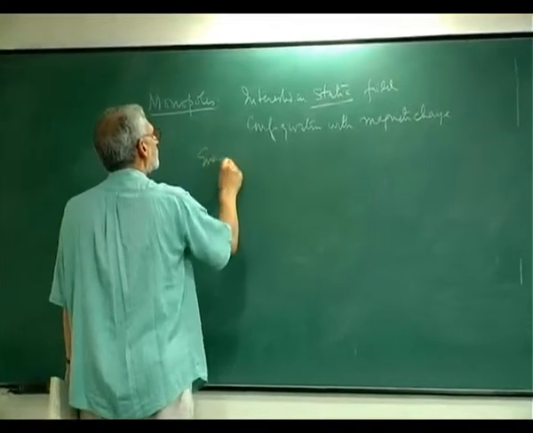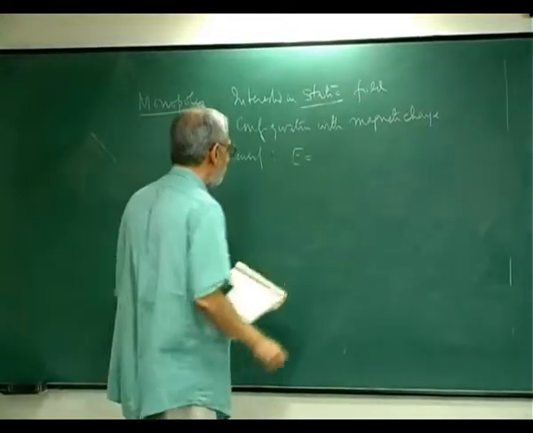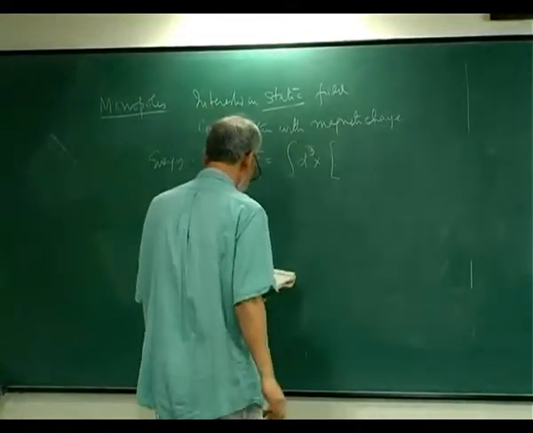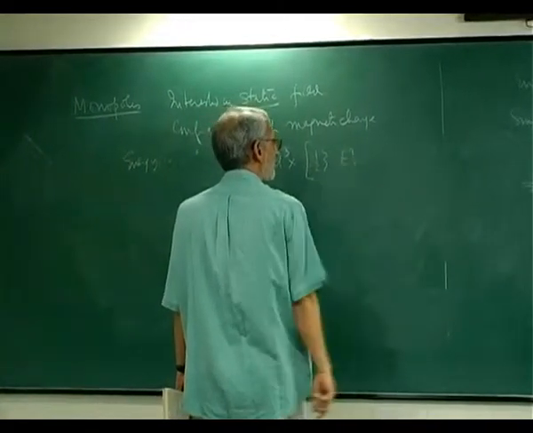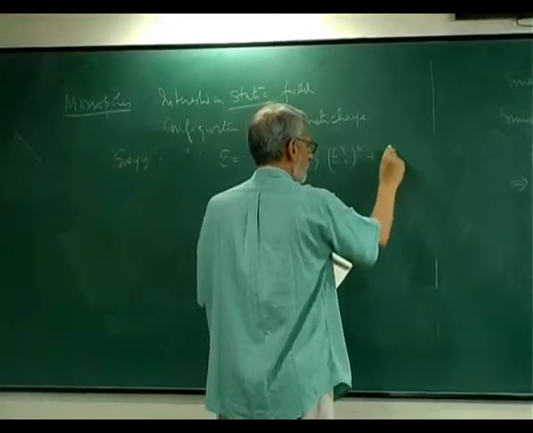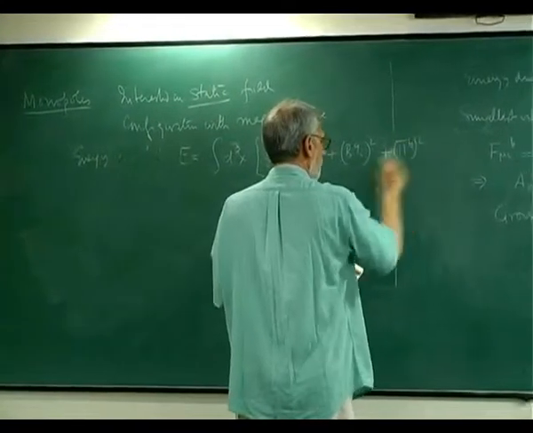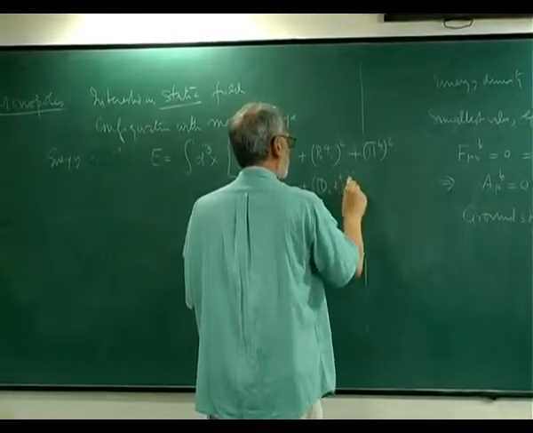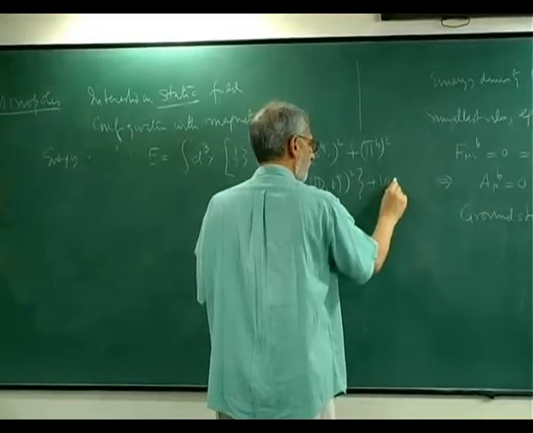Now the energy for these objects would be what we have written earlier, in integrated form, the integral d3x of half of E^2 plus B^2 plus pi^2 plus (D_i phi)^2 plus V(phi).